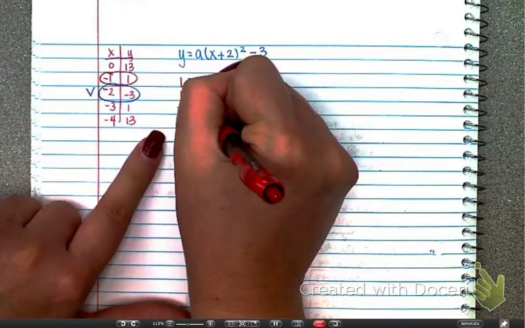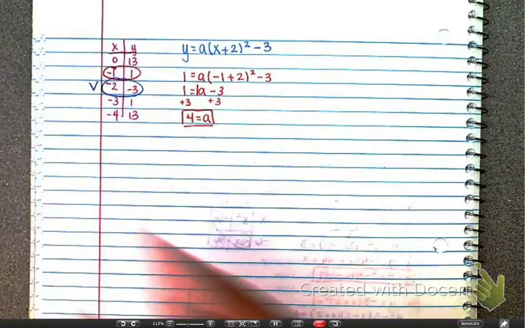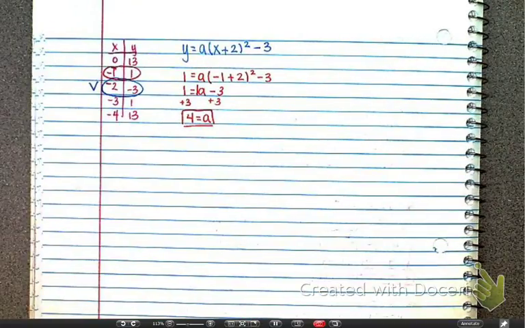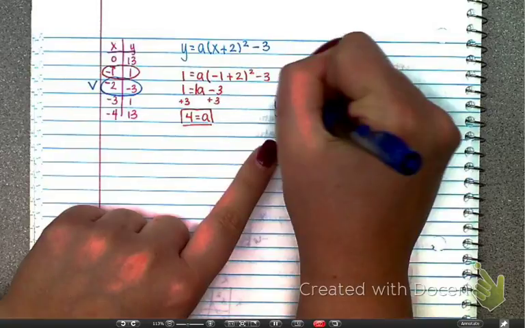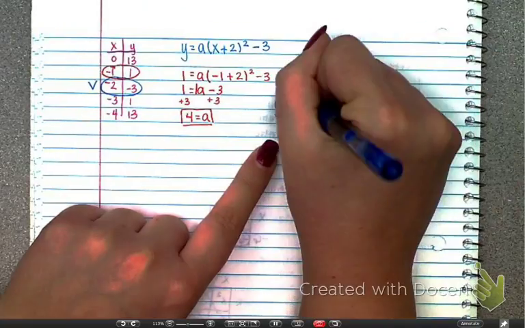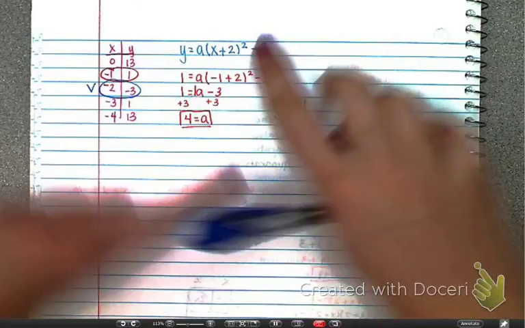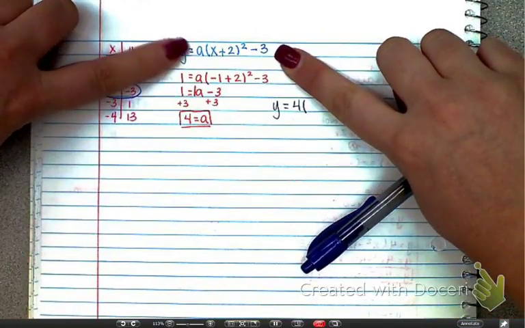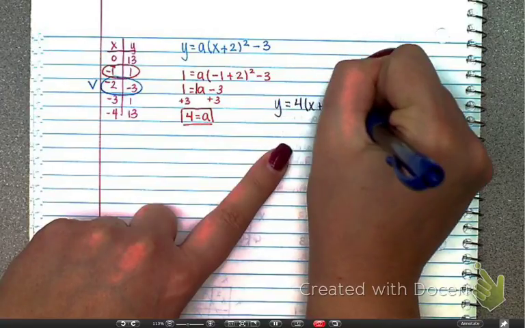Okay, so if that's what a equals, my final step is writing the equation. Do I know my h? Do I know my k? Do I know my a? All right. So y equals 4 times, and then really I'm just going to use the rest of this, right? Because this is where I started. All I'm replacing is the a. X plus 2 squared minus 3.